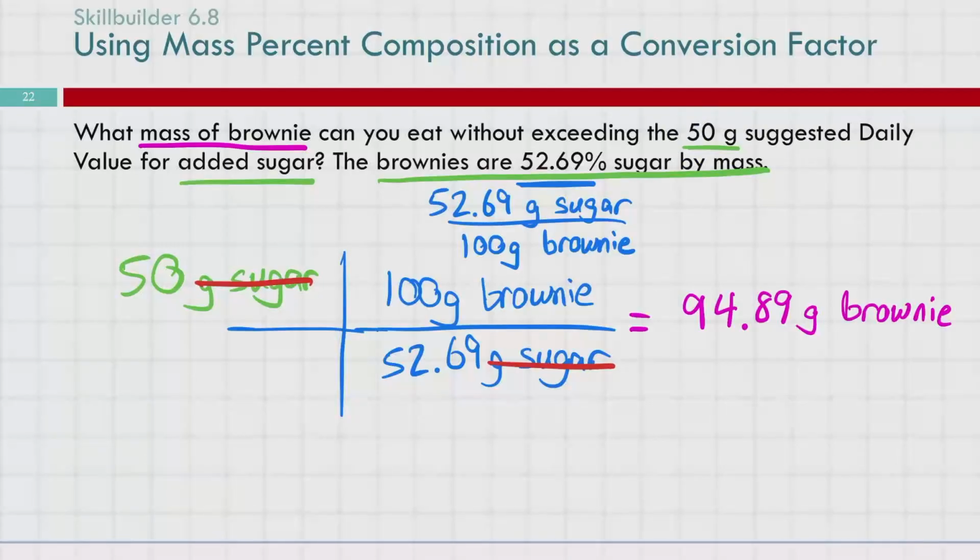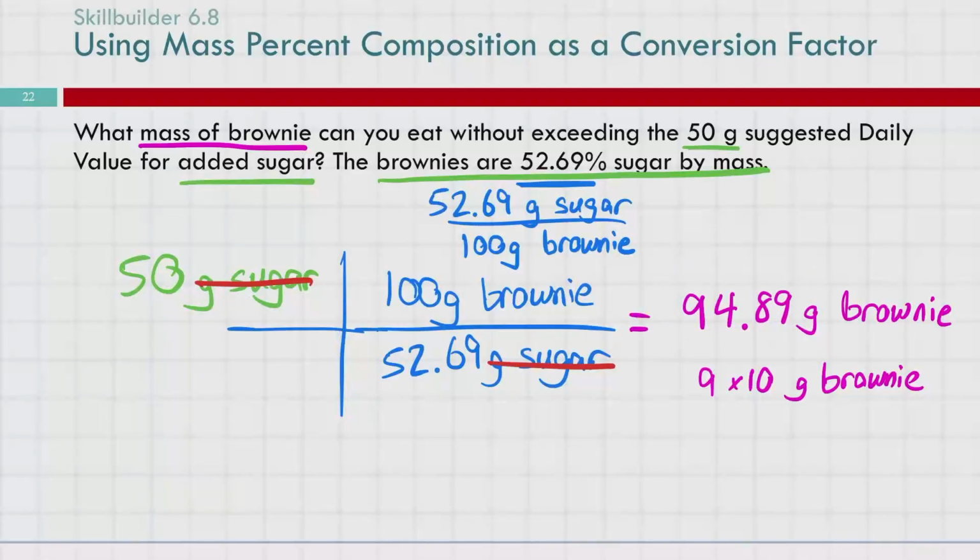I don't think it's really that important in this particular scenario, but we could maybe say that it's 9 times 10 grams of brownie if we want to be really scientific, and we assume that the 50 grams is just one significant figure. If it's exact, then it would be the 94.89 grams of brownie.